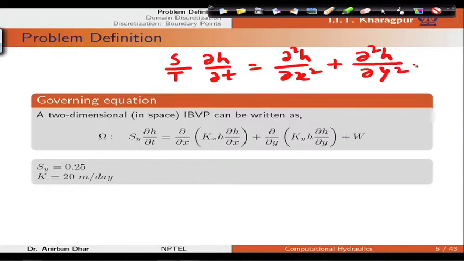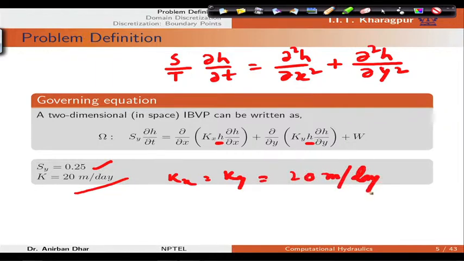Now, in this case we have an extra term, this h, and because of this h the equation is nonlinear in nature. Now, let us consider that Sy, specific yield, is 0.25 and K is 20 meters per day. Obviously, Kx equals Ky equals 20 meters per day.